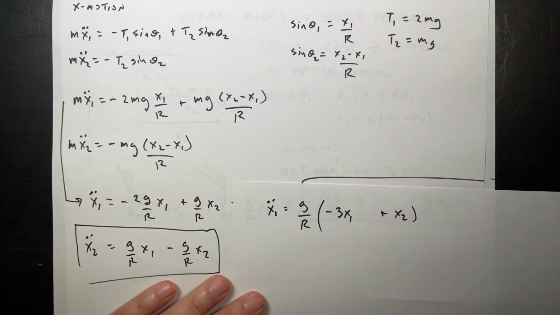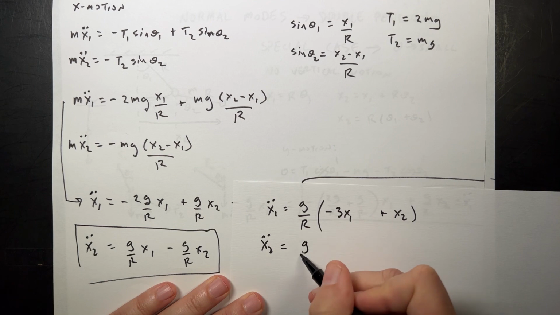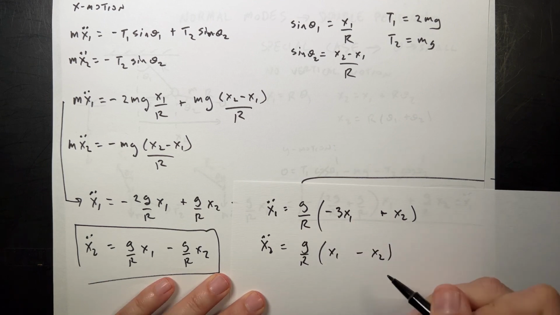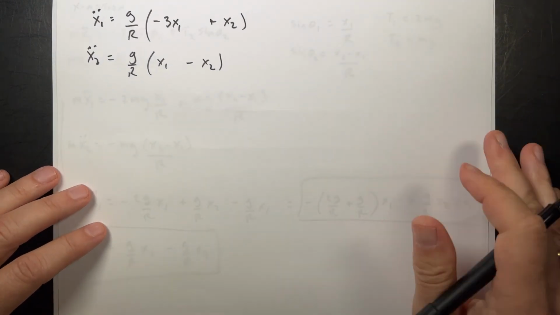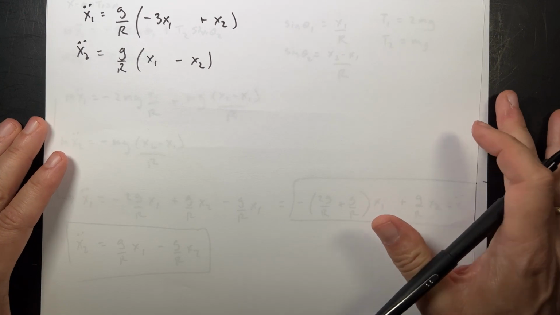And then this one, x2 double dot is equal to g over r times x1 minus x2. We are ready to rock and roll. This is a nice equation right there, okay?